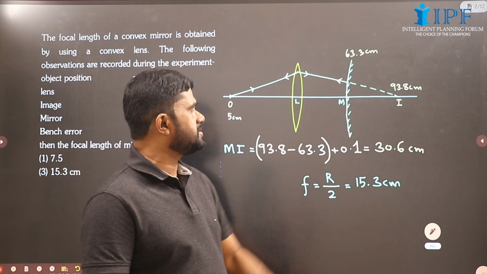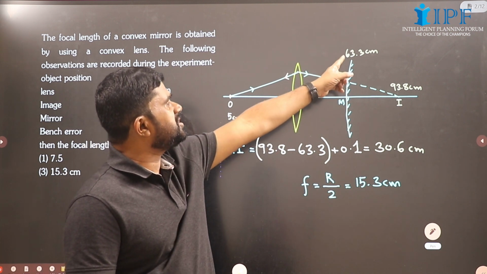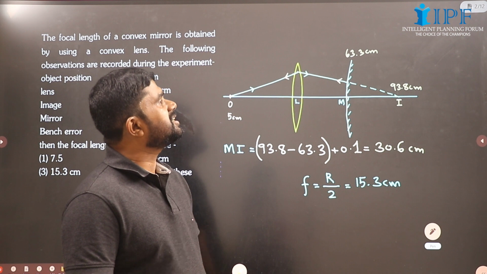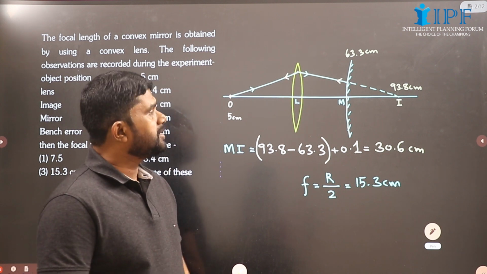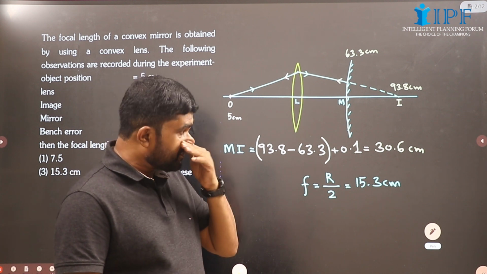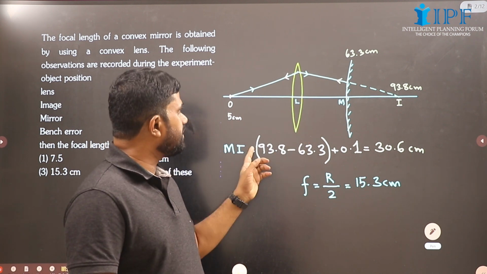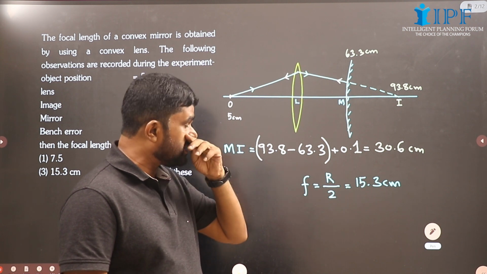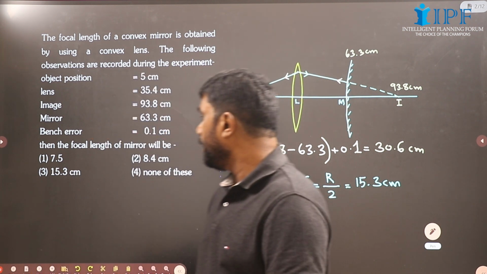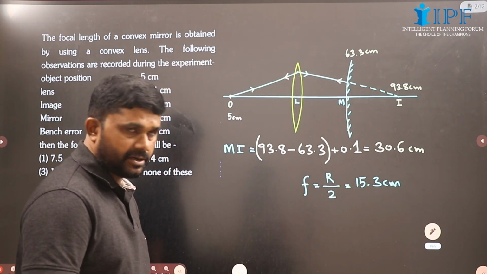Okay, this distance. Now see, the position of the pole of the mirror is 63.3 and the position of the image is 93.8. So the distance of the image from the pole of the mirror, which is equal to the radius of curvature, will be 93.8 minus 63.3, and there is a bench error of 0.1 centimeter that is to be added.